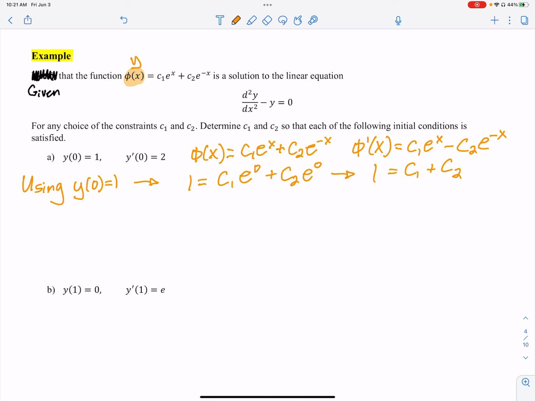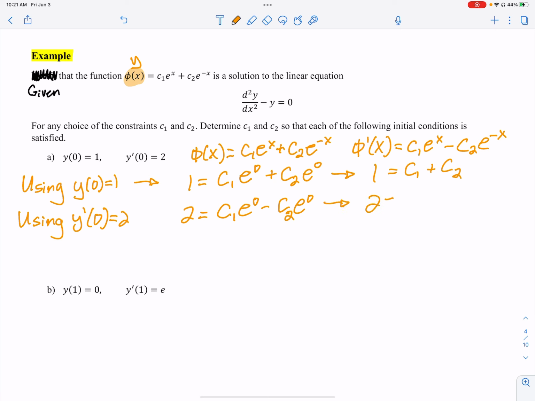We're going to see if we can create what's called a system of equations, which you guys have done in algebra. So now using the other one, y prime of 0 equals 2. So I'm looking at the second equation on the top right. So I get 2 equals, and then I'm plugging in 0 for these, so it's the same idea. C1 e to the 0 minus C2 e to the 0.